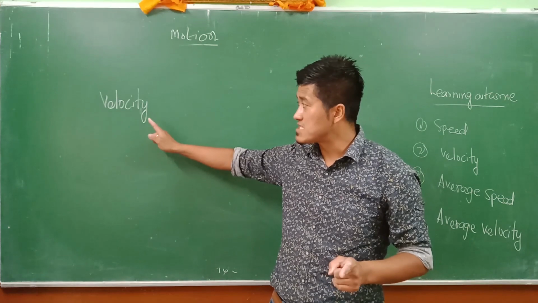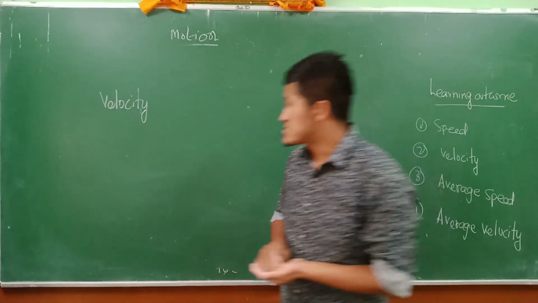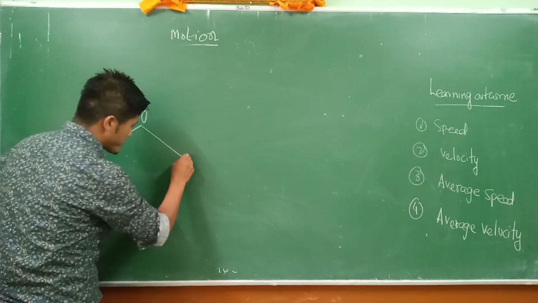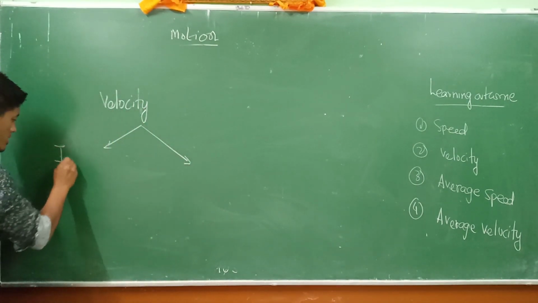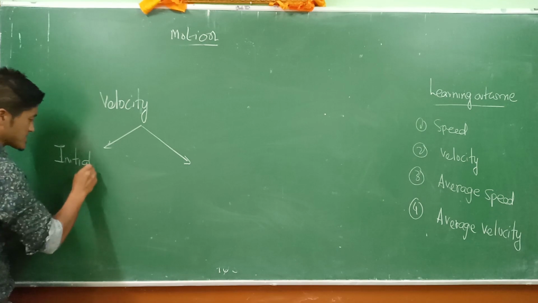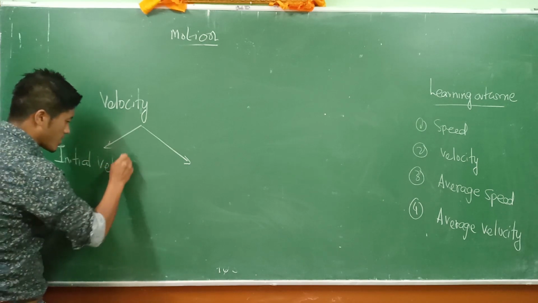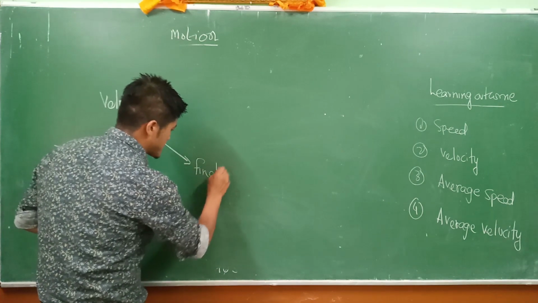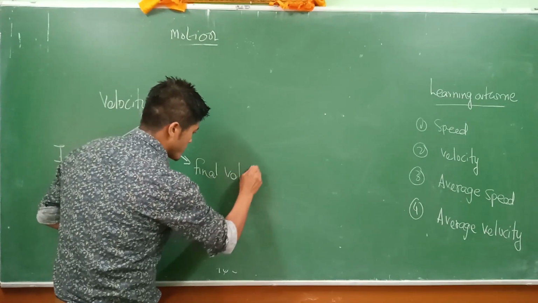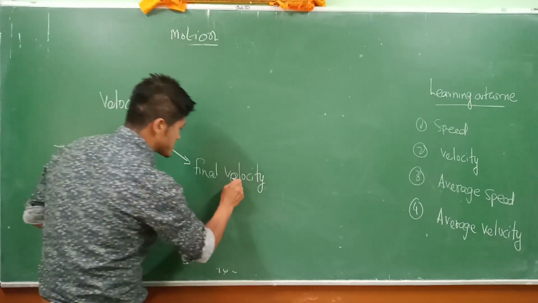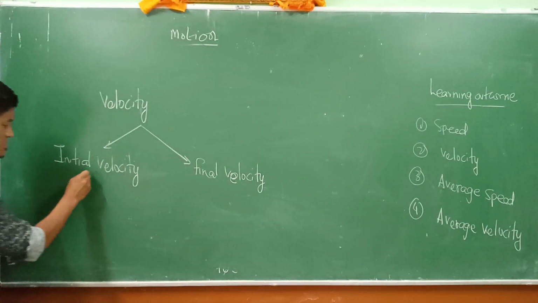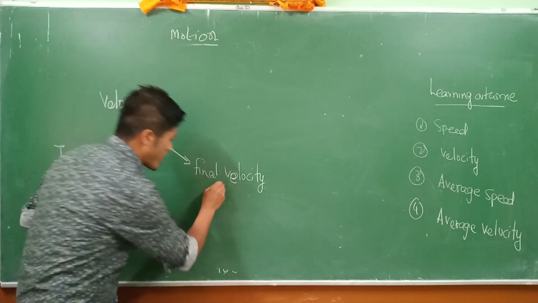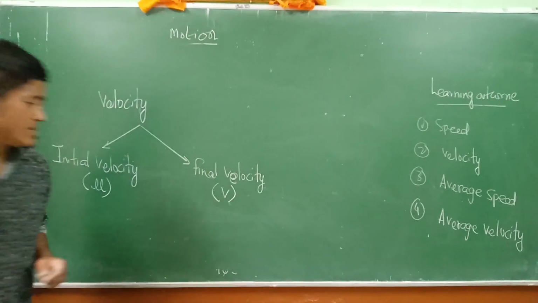Similarly, in the case of velocity also, there are two things that are very important for you to keep in your mind: initial velocity and final velocity. Generally, initial velocity is symbolized by the letter u, and final velocity is symbolized by the letter v.